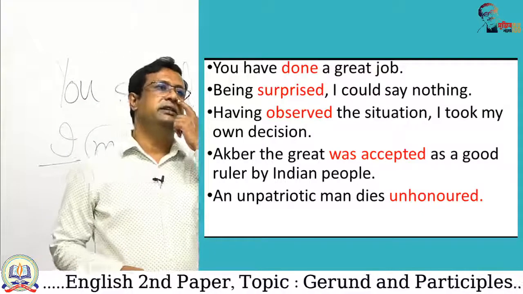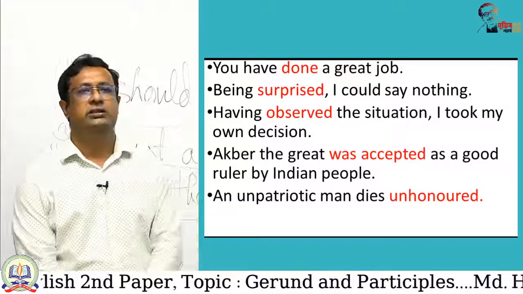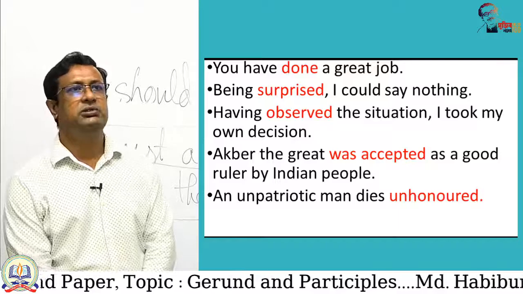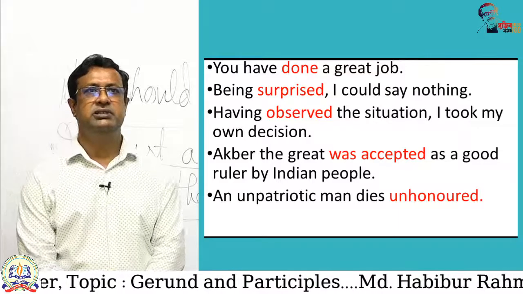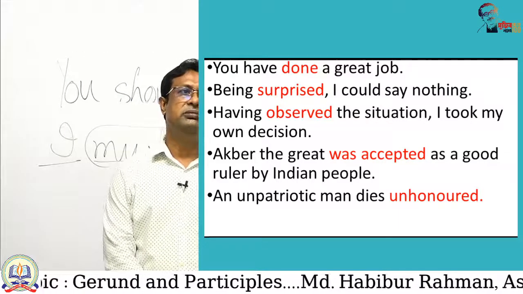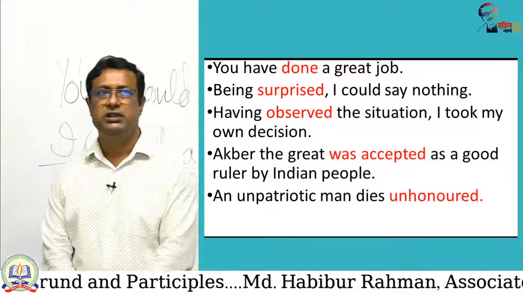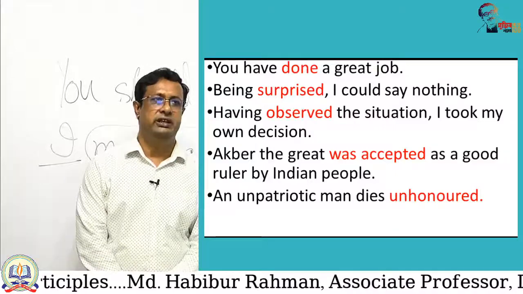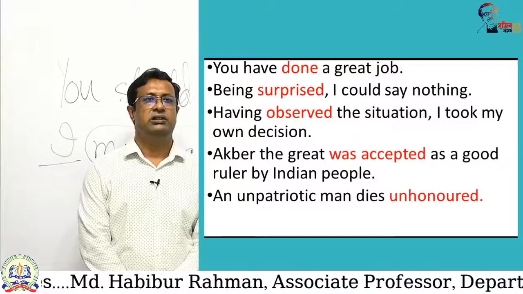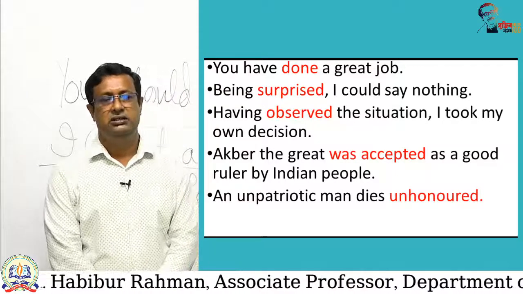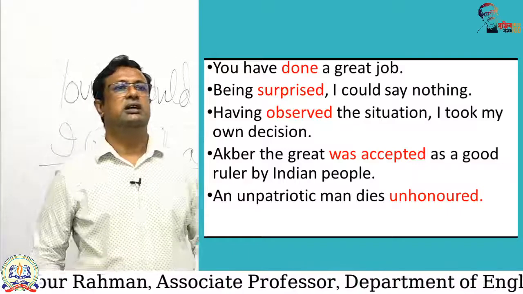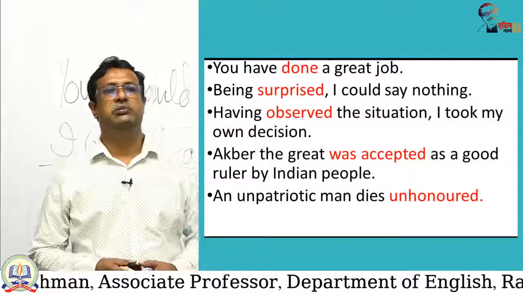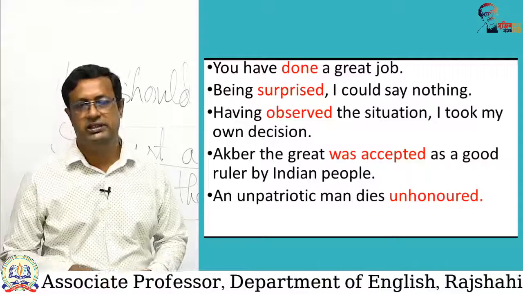And another thing is, Akbar the Great was accepted as a good ruler by Indian people. Here, this is a passive voice, you see. Akbar the Great, that is the subject, was accepted. This is a finite verb, and here we find the be verb and the past participle form of accept.